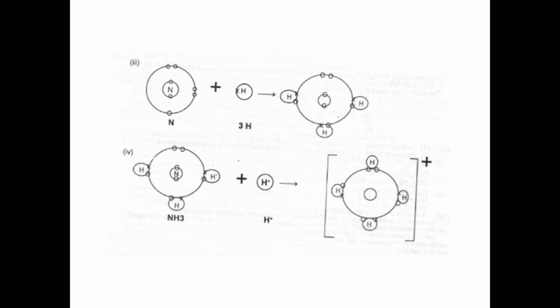And then it also asks us to show how ammonium is formed. Ammonium is formed when ammonia combines with a hydrogen ion, or a proton, or an acid to form NH4 plus. We are going to be talking about that very soon in coordinate covalent bonding. So this is how the question is expected to be answered.